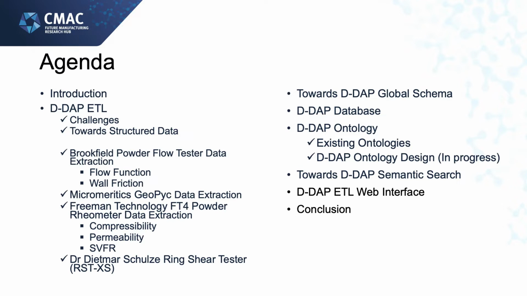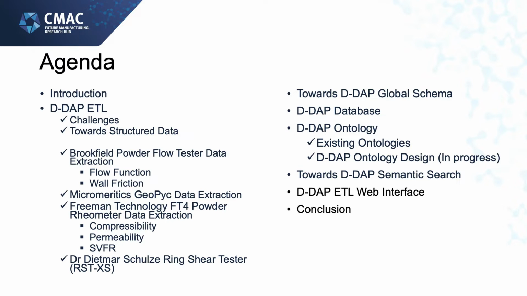I'll be discussing the overall architecture of D-DAP ETL, how we are moving towards structured data, what type of data we are dealing with these days for ETL, and our plans to extend it.